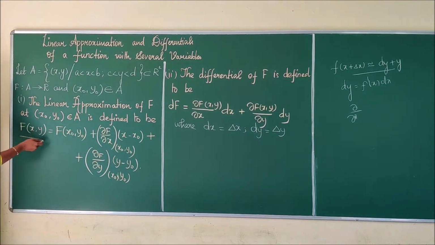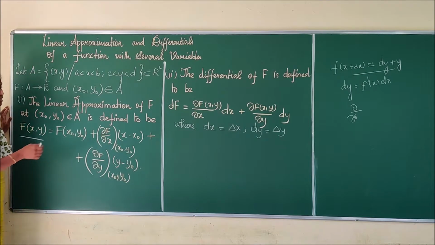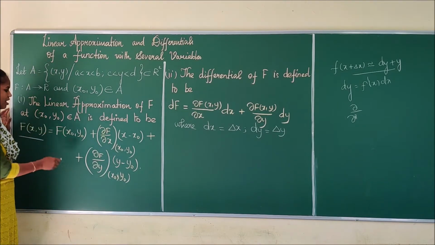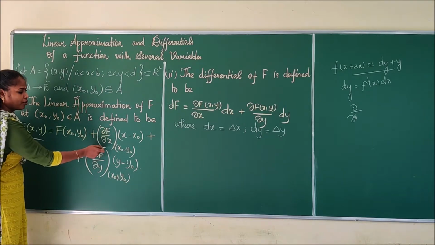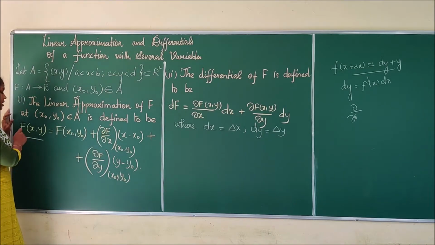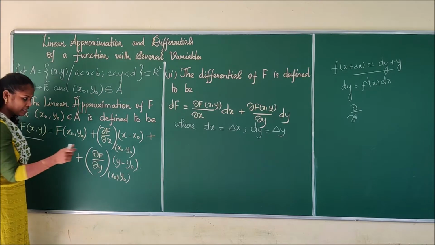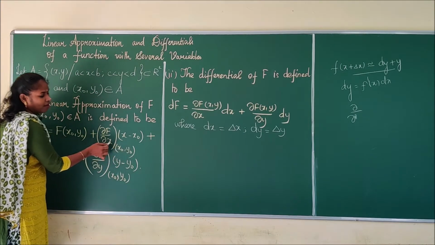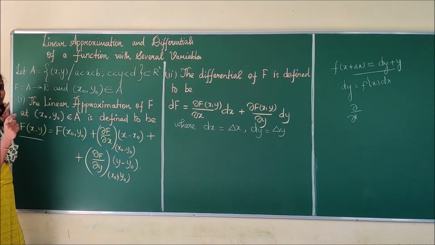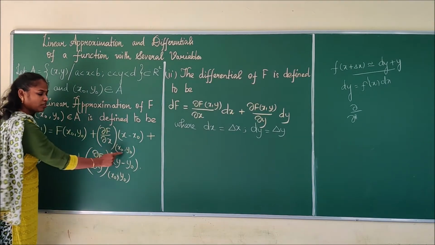So this is the formula for the linear approximation of a function, that is f of x naught comma y naught plus dou f by dou x. That is, we differentiate f with respect to x, into x minus x naught, and here we have to find the value of dou f by dou x at (x naught, y naught).